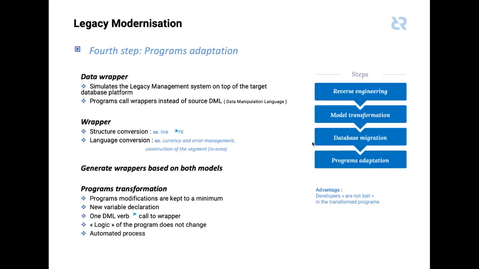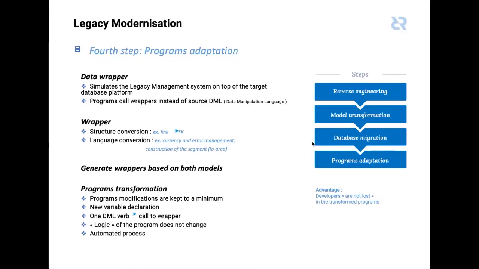The wrapper will do the conversion of the structure, but as well automatically and dynamically do the conversion of the language. So that means, again, that communication between your old legacy applications and the new data environment will keep working, and your applications can still continue to work as if they were using the old data, but in fact they are using the new environment.